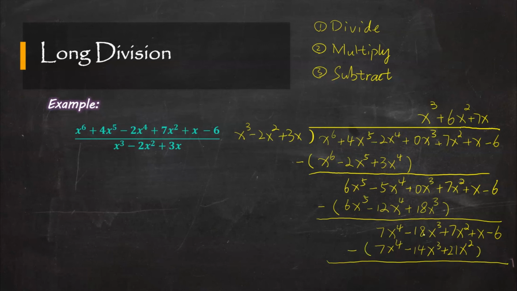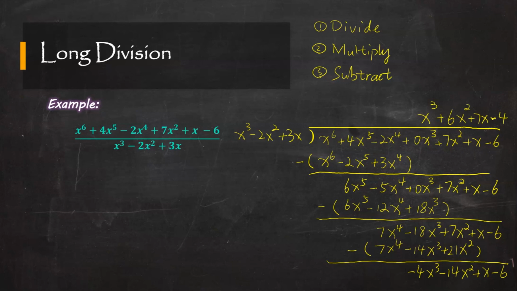Subtract here is 0. This is negative 4x cubed. And 7 minus 21 is minus 14x squared. And then we copy down the x and the minus 6. And the last would be here the same power now. This is going to be a constant, so it's negative 4.